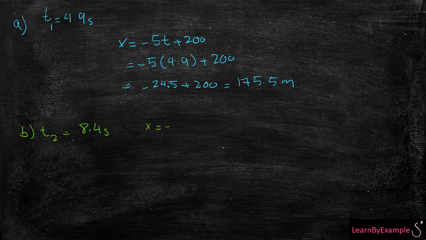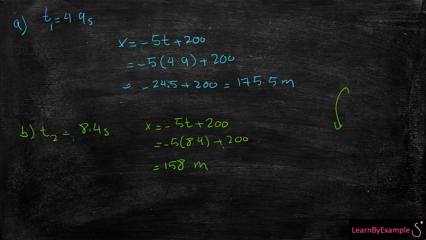Plugging it into the original equation, and we can use the same one because this explains the whole journey of the parachutist, who is going to fall back down. So I have negative 5 times 8.4 plus 200. Now 5 times negative 8.4 is negative 42 plus 200, it's 158 meters.